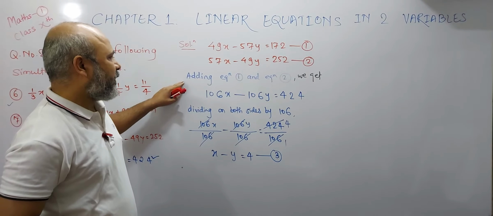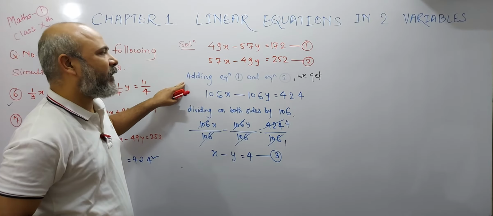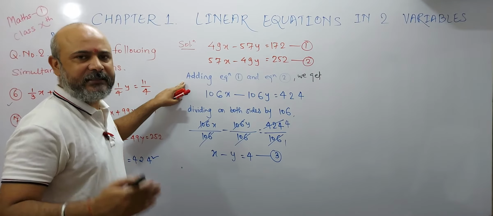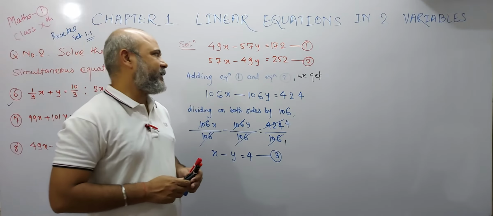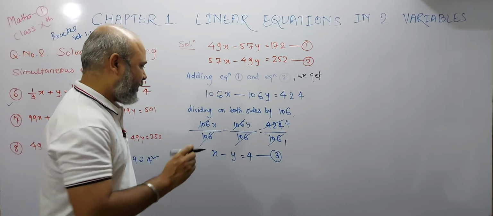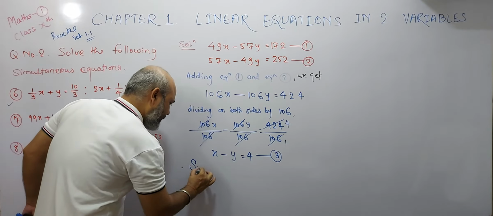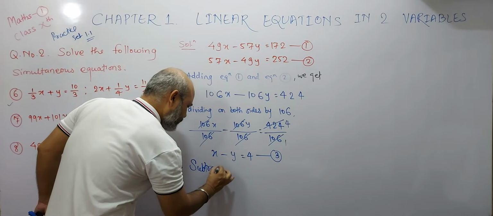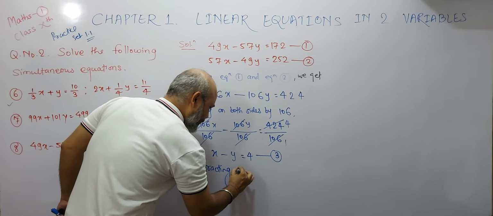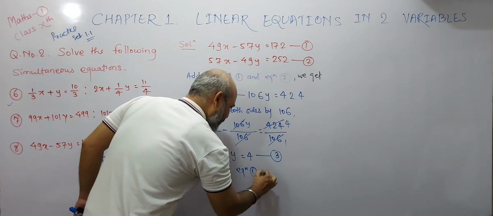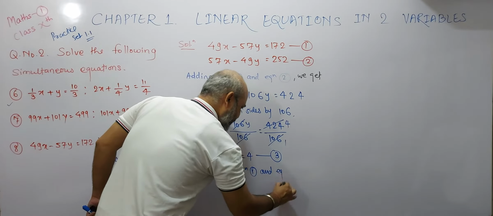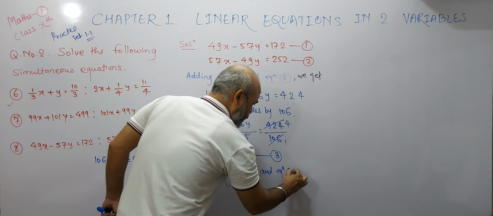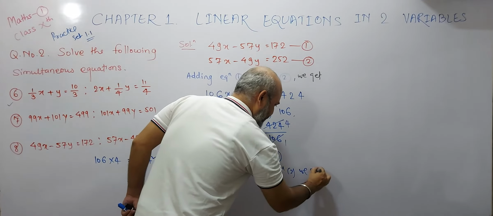So what we have done is added equation 1 and 2. Now what will be our second step? We are going to subtract equation 1 and 2. So I will write here: subtracting equation 1 and equation 2, we get.